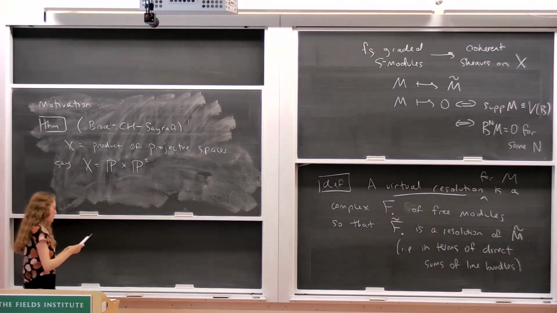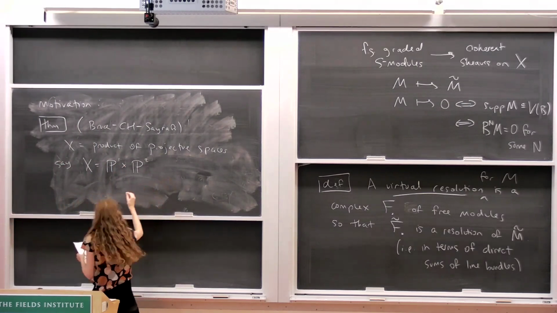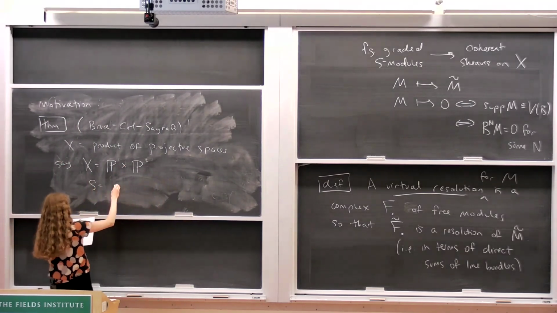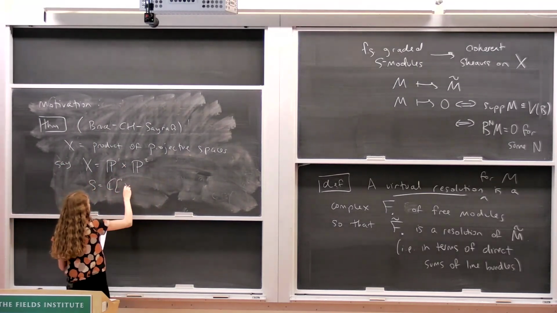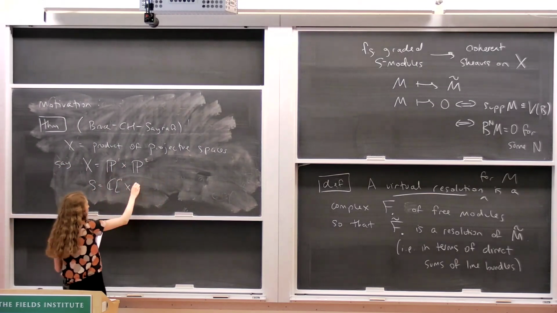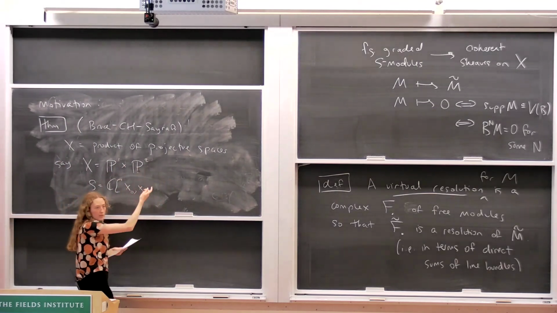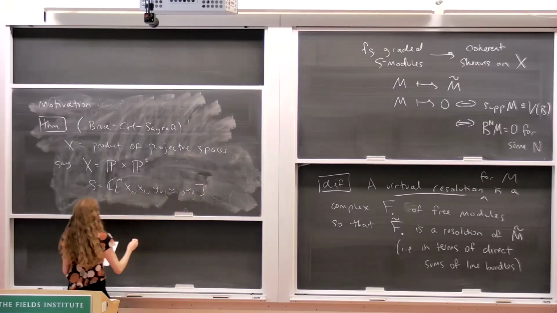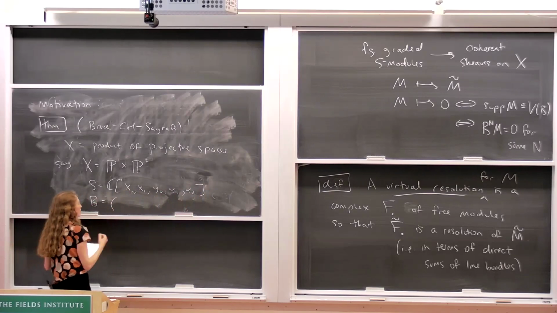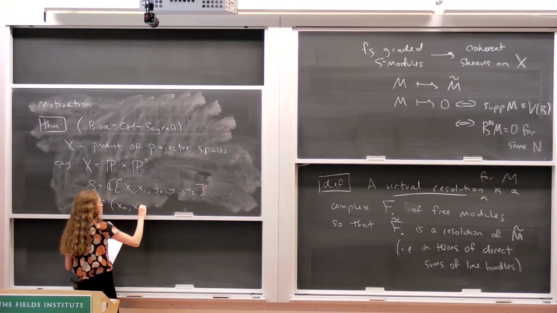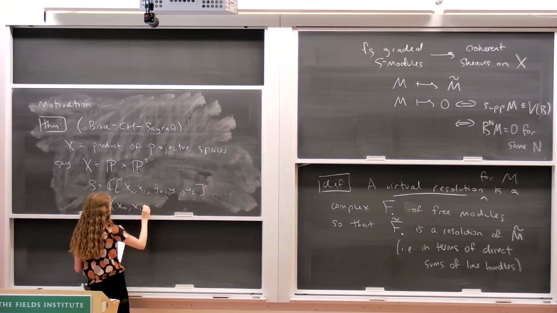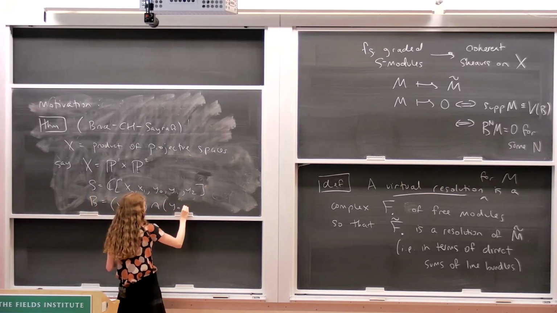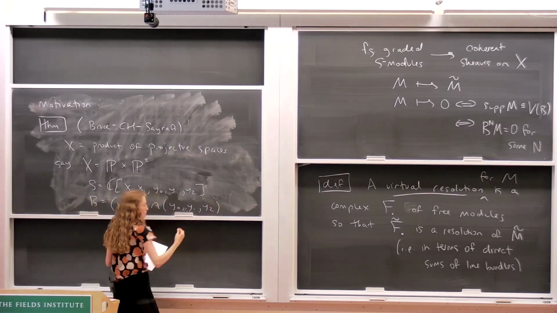So let's say that we have X equals P1 cross P2, which was the example that Juliet did. In this case, the total coordinate ring, you have 2 variables for P1 and 3 variables for P2. And the irrelevant ideal is the intersection of the ideal generated by the x's with the ideal generated by the y's.